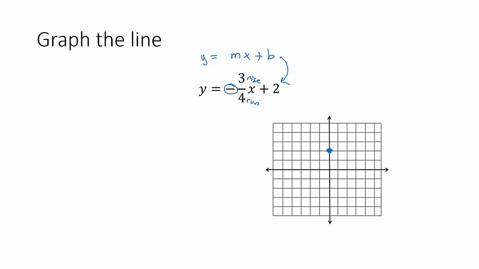So I count down 3 from that point and run 4 from that point. And now I can connect the dots on those points. And there's the graph of the line. Much nicer than having to find individual points and connecting the dots, because we can find the y-intercept, we know the slope, start at the y-intercept, and the slope tells us how to change from there.